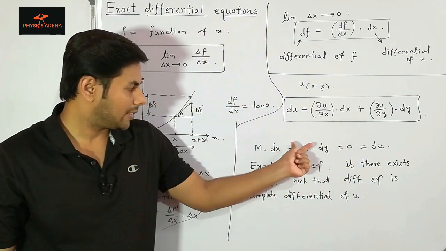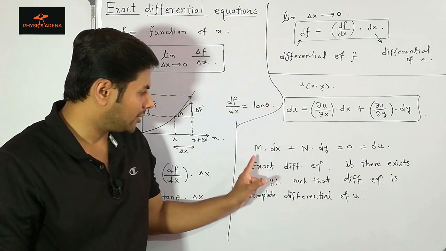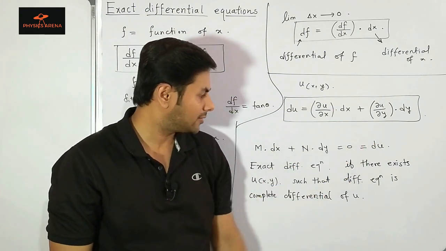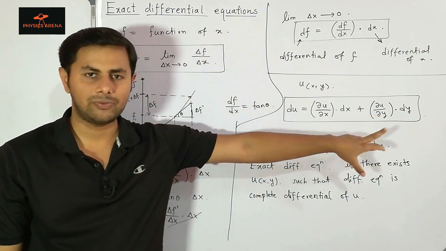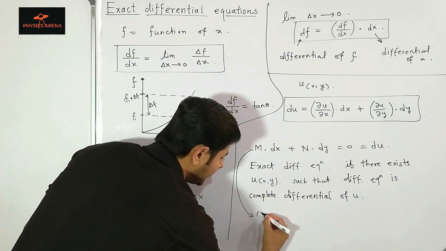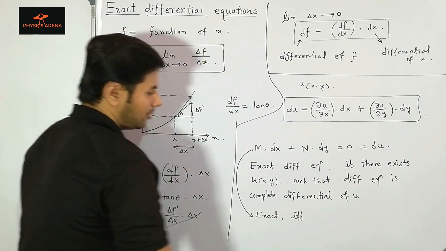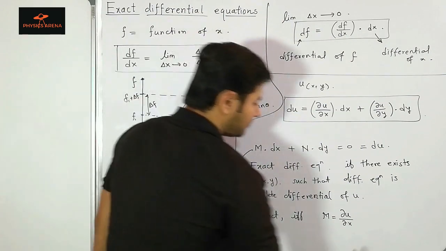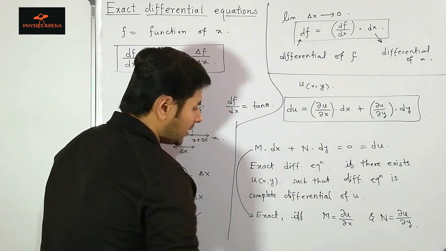So comparing these two equations, the equation would be exact if and only if M equals the partial derivative of u with respect to x and N equals the partial derivative of u with respect to y. So the equation is exact if and only if M equals del u by del x and N equals del u by del y.